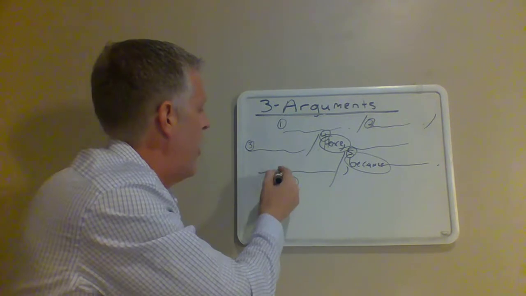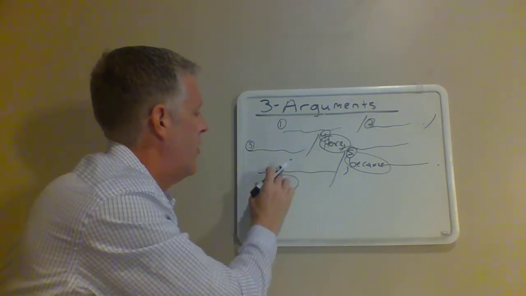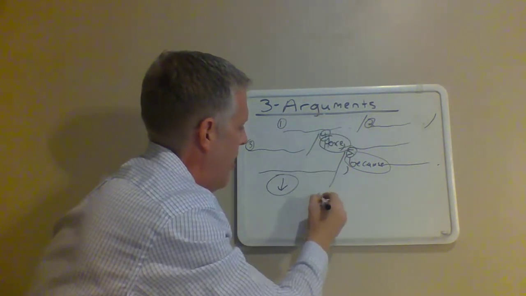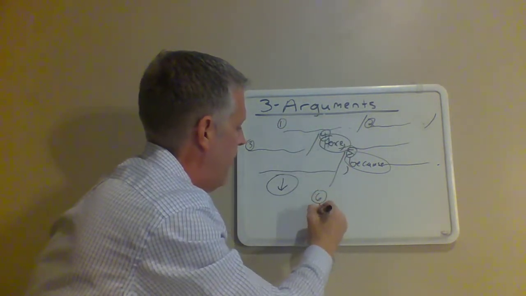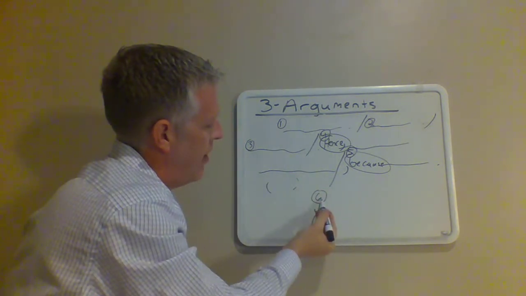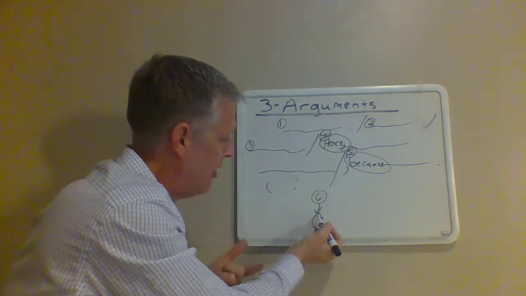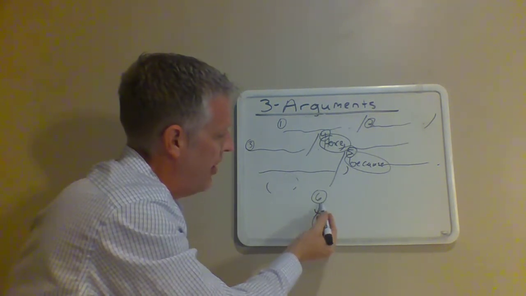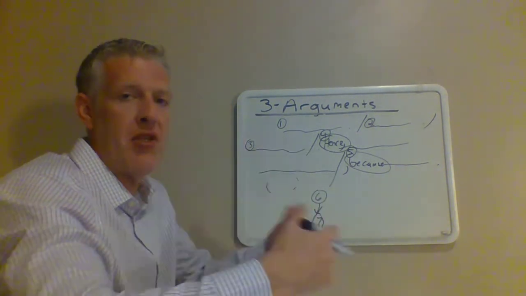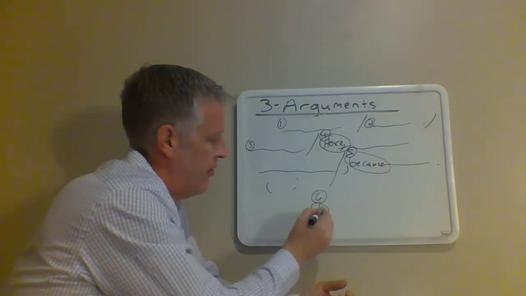The idea is that whatever is above the arrow supports or proves, depending on whether we're dealing with an inductive or deductive argument, the thing below it. Let's say we had circle 6 with an arrow to 7. That's the sense in which there's an argument at play.